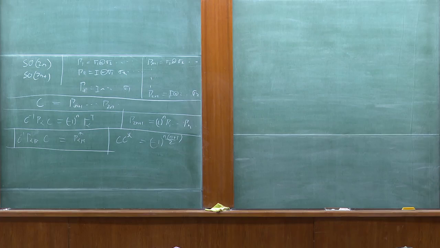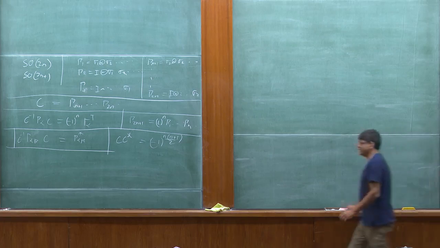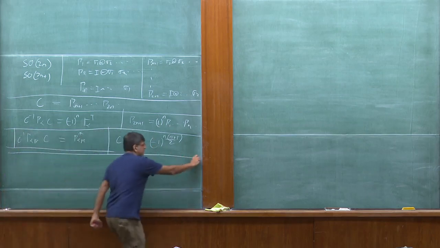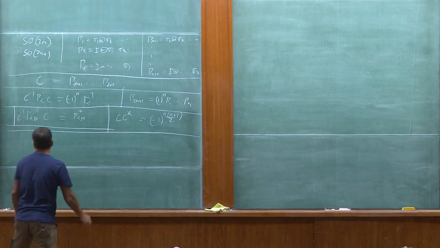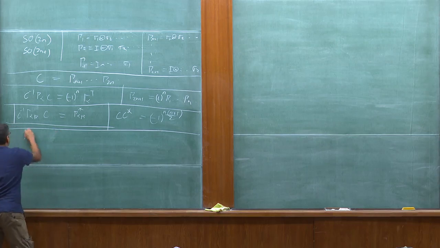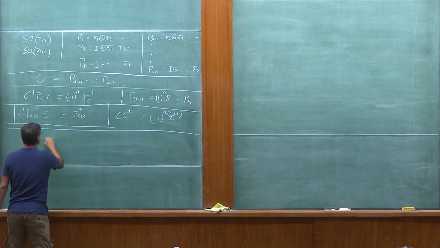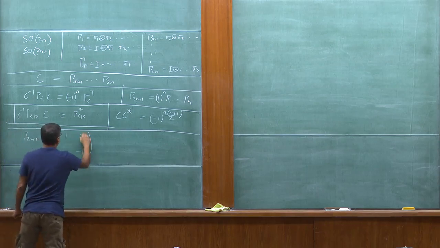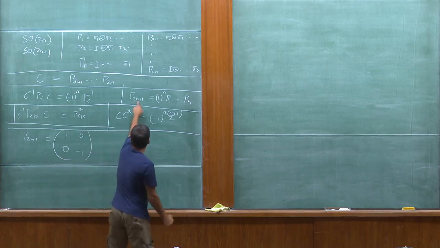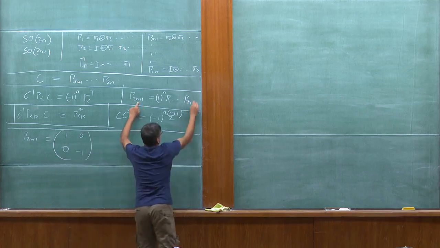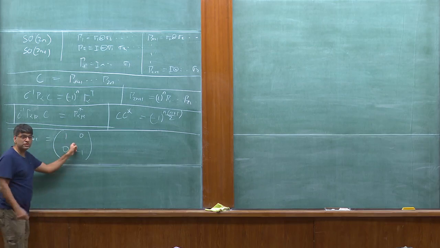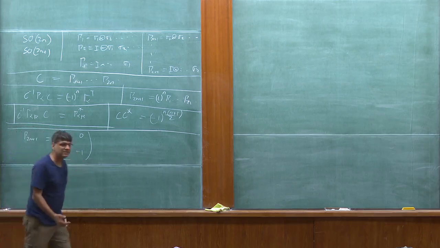We argued that gamma 2n+1, in a suitable basis, took the form diag(1, -1).